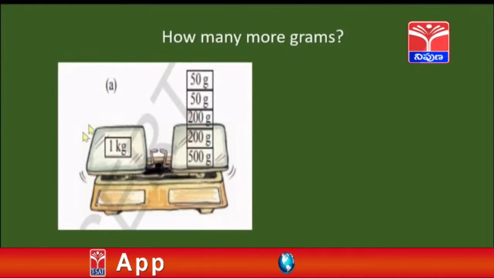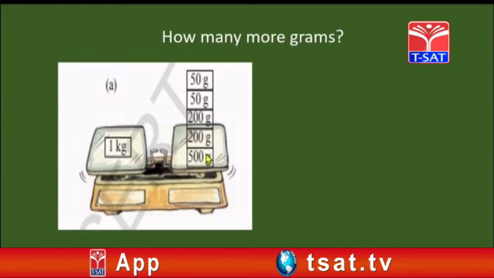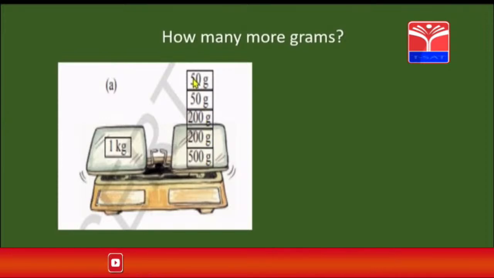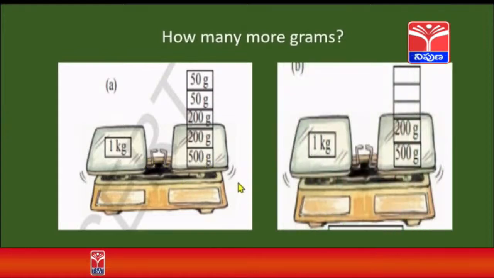Children, now look at this balance shown here. On this balance, on one side the weight of 1 kilo is kept and on the other side various weights have been kept and equaled with this 1 kilogram. Observe these weights: 500 grams, 200 grams, 200 grams, 50 grams and 50 grams. On adding all these weights, we will get 1000 grams, that is equal to 1 kilo. Now let us see another weight.